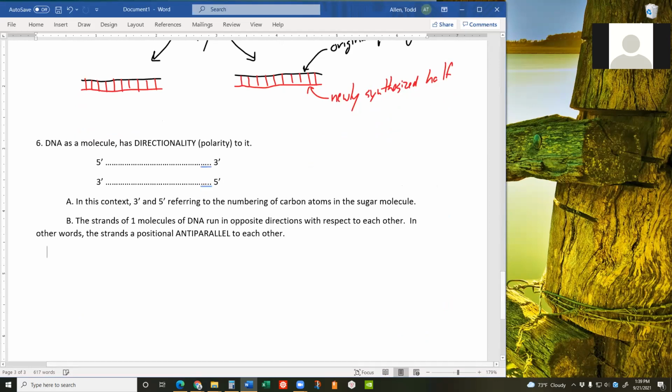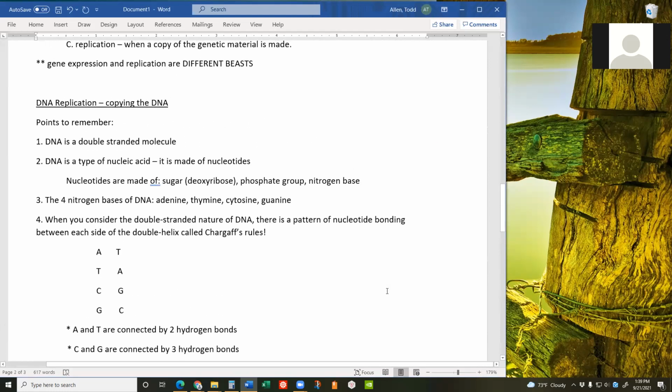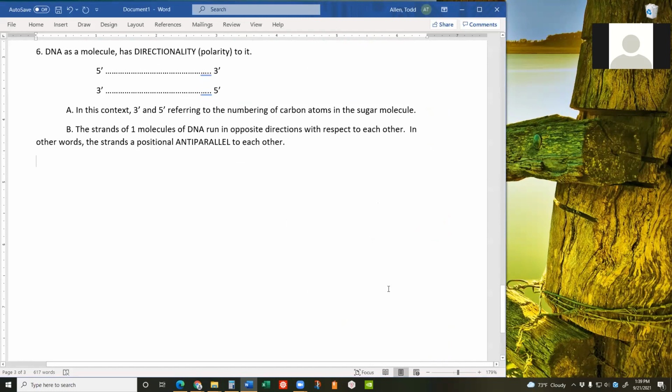Okay, so let's do this. Understanding the process of DNA replication.